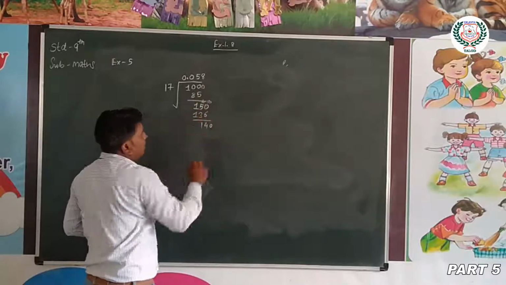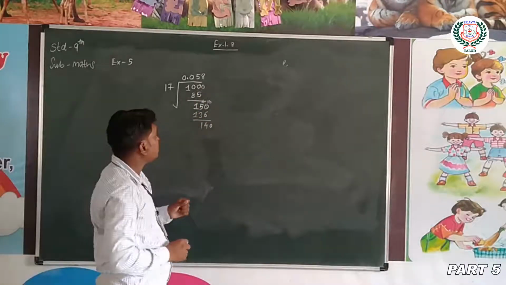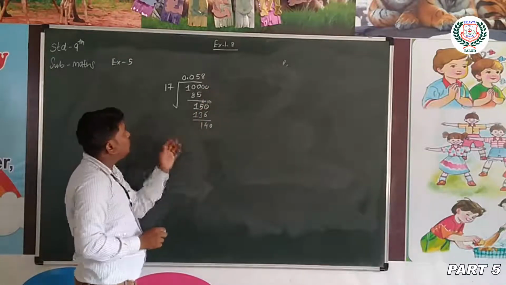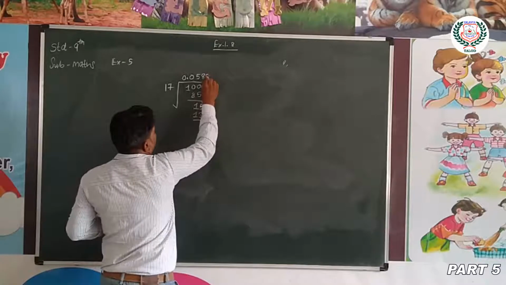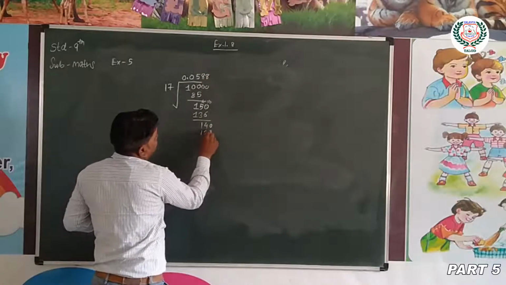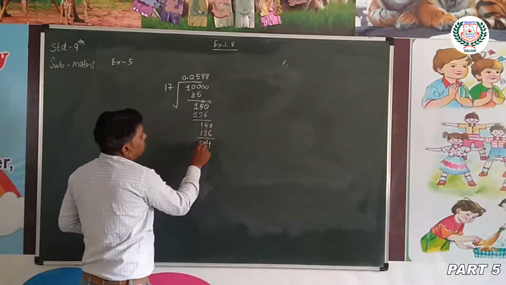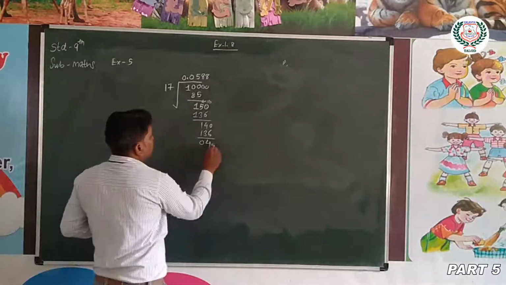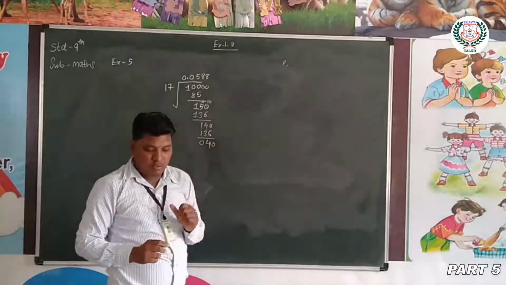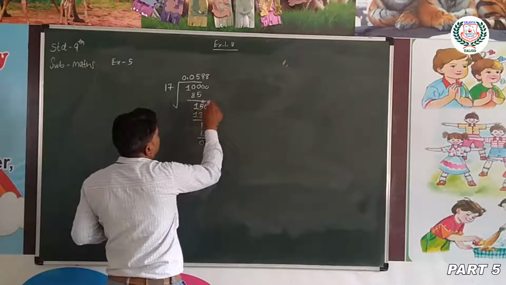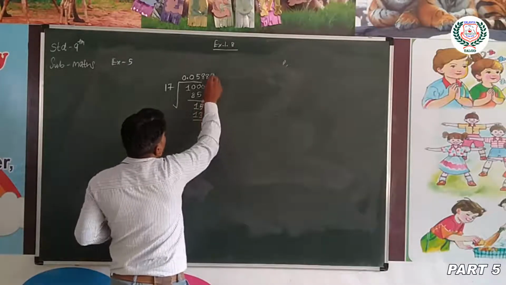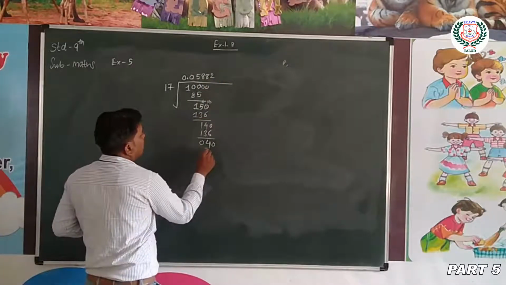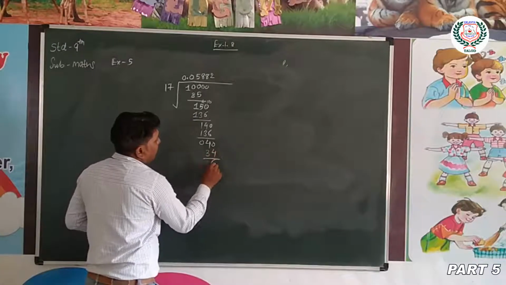Once again you have to put 0 here. So once again 17 eights are 136. Remainder is 4. So our number is 40. Now what happened? Once again divide. 17 twos are 34 and 6.